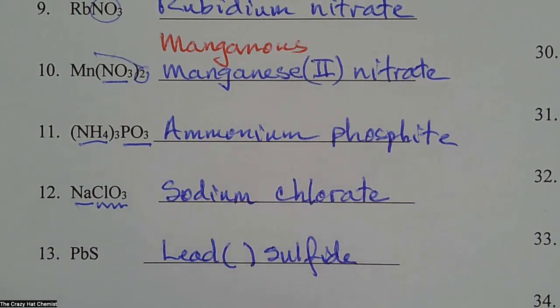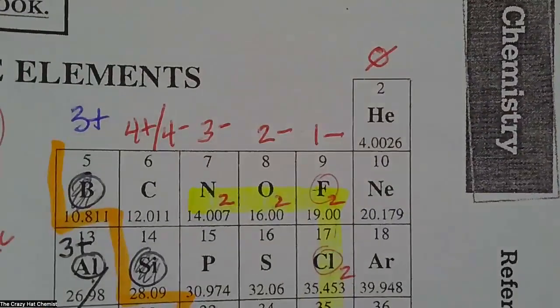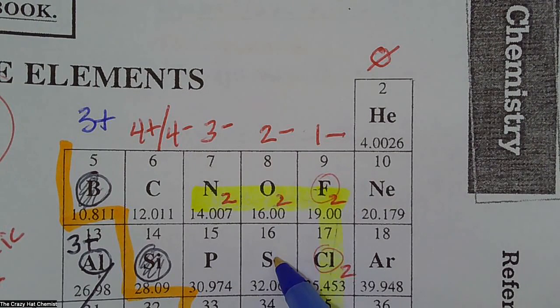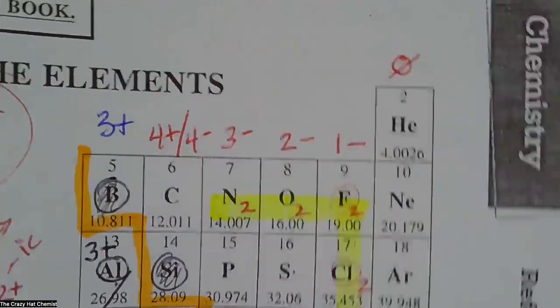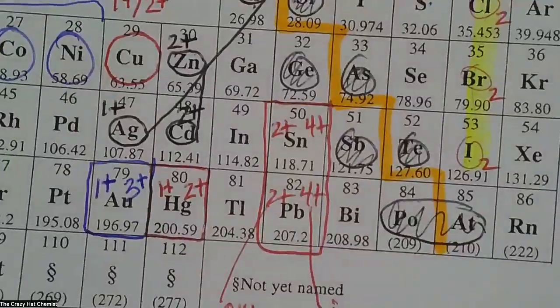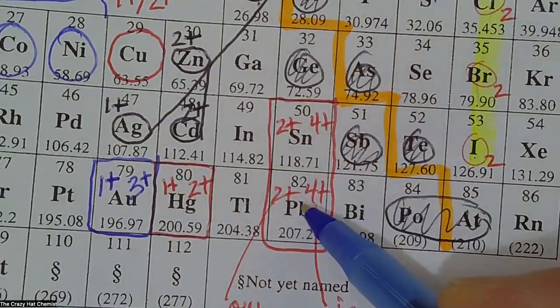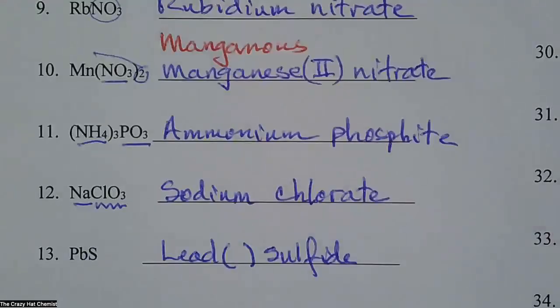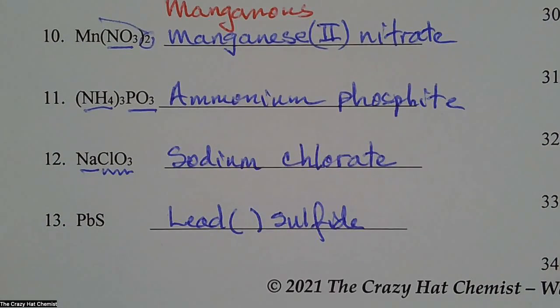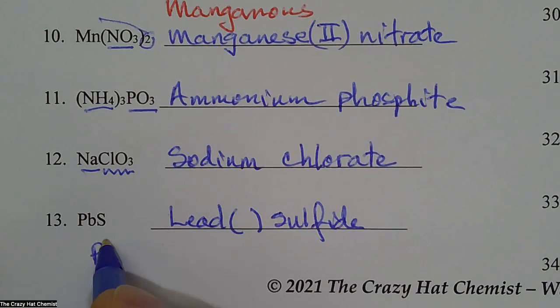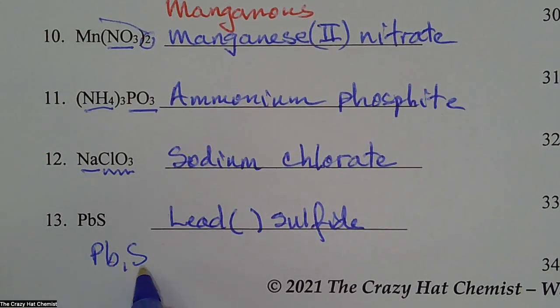However, this is a certain charge of lead. And so what we're going to do is we're going to cruise on over to our periodic table, and we're going to figure out what is the charge on a sulfide ion. It's a 2-. It has no other charge. And yet lead has 2 charges, a 2+ or a 4+. So we got to figure out what this charge is. So in order to do that, we're going to do PbS, and this is a 1, this is a 1.